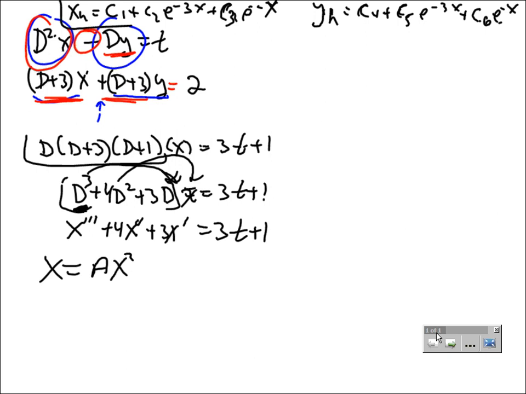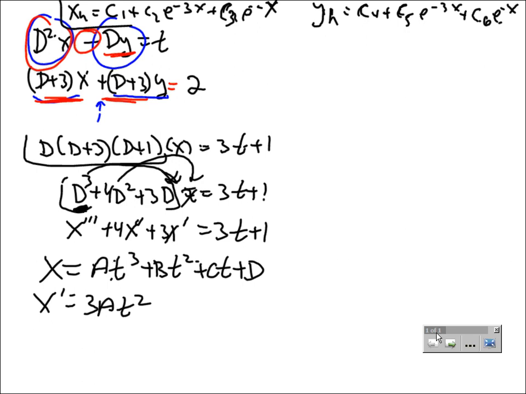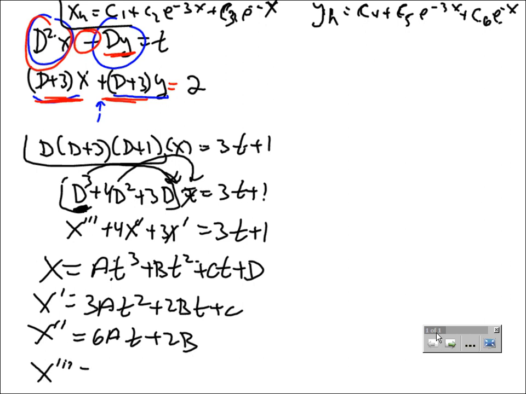Say it's at cubed plus bt squared plus ct plus b. And then the first derivative will be 3at squared plus 2bt plus c. The second derivative will be this, and the third derivative will be just 6a.